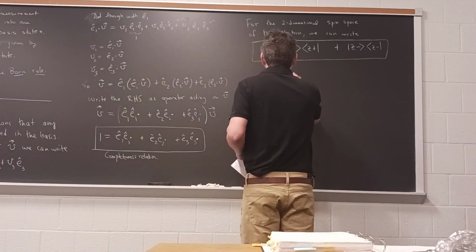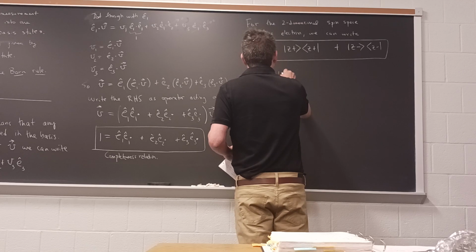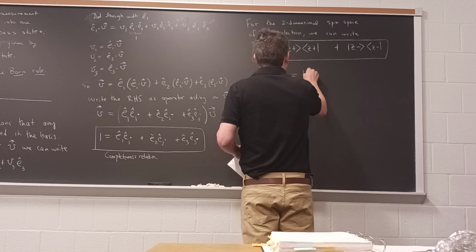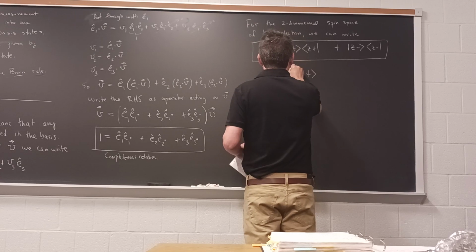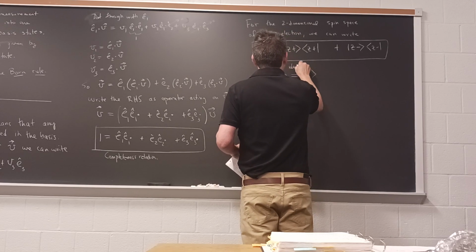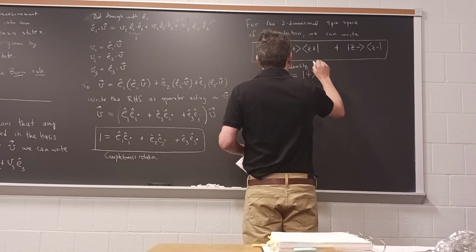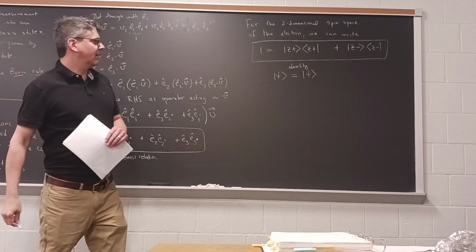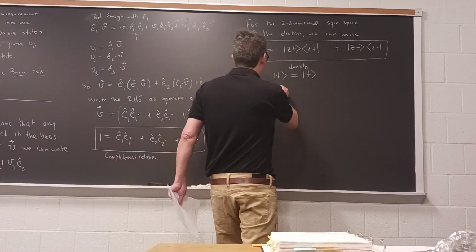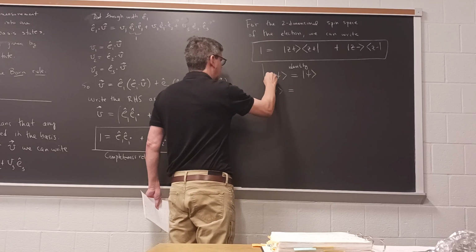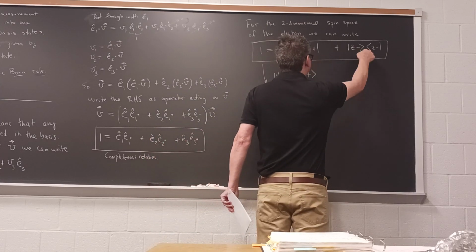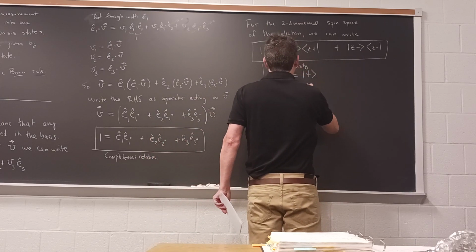Okay. So let's just write psi equals psi, this is just an identity. Okay, and let's use this relationship. So 1 on psi, I'm going to use the 1 here, and then I'll use this side down here.